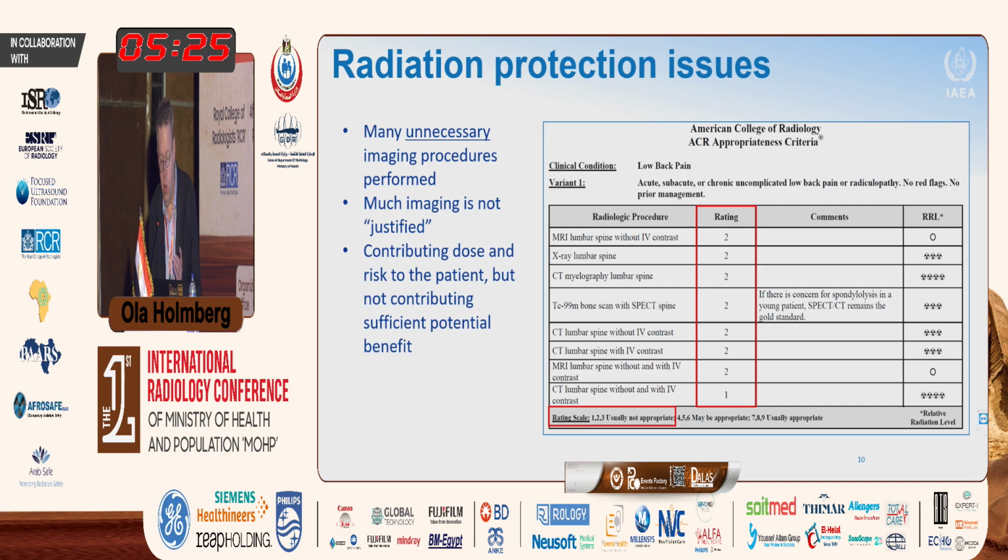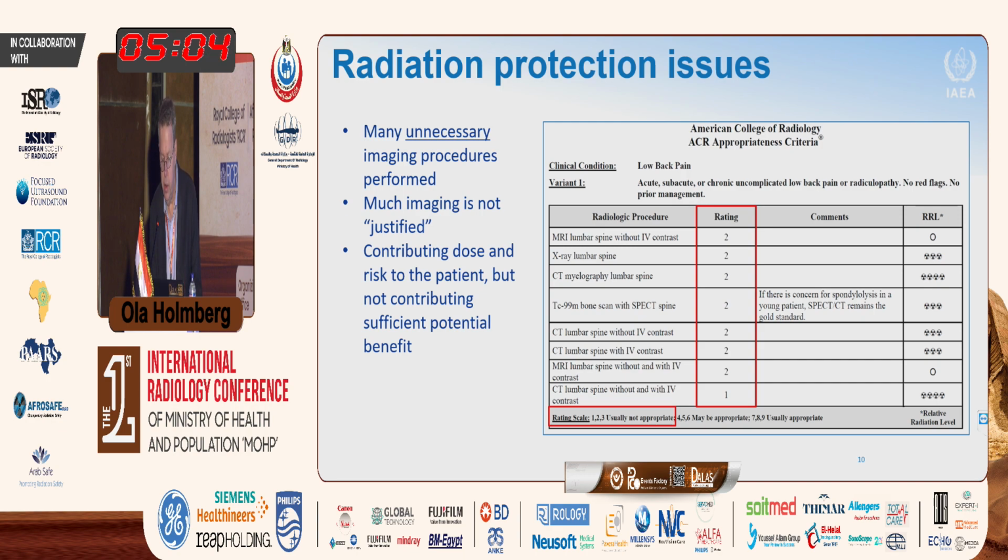Another reason why we need to consider radiation protection in medicine is that there are so many unnecessary imaging procedures performed. And according to some estimates and surveys, around 20 to 40% of imaging procedures may be unnecessary.